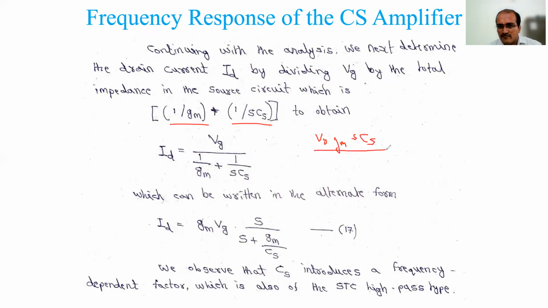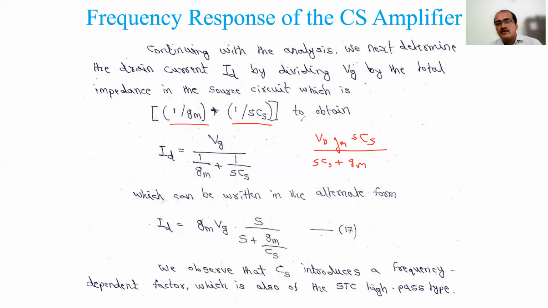Divided by what remains: SCS first, plus GM. Just a minute, writing difficulty. So this is the equation you get. You can write this down in your notes. I have skipped it, I don't know how I did not write it.